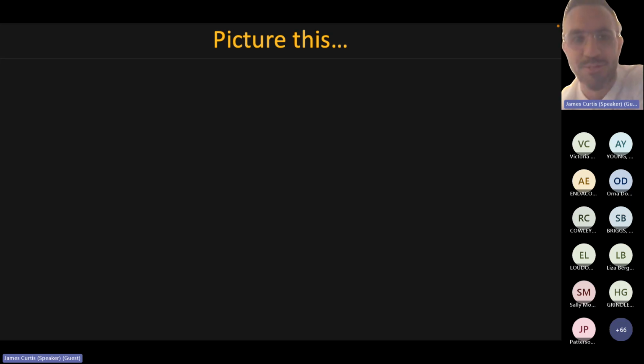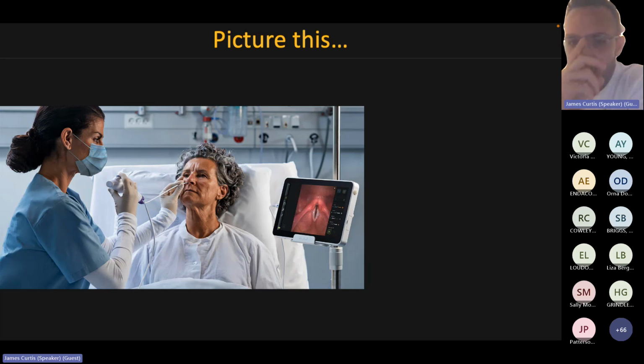I want to pose two clinical scenarios for you. Let's say you're a speech pathologist and you've worked in the field of dysphagia for 15 years, and you've been working with your colleagues at your institution to develop standardized protocols for the performance of FEES. These are the measures you all use for FEES interpretation.